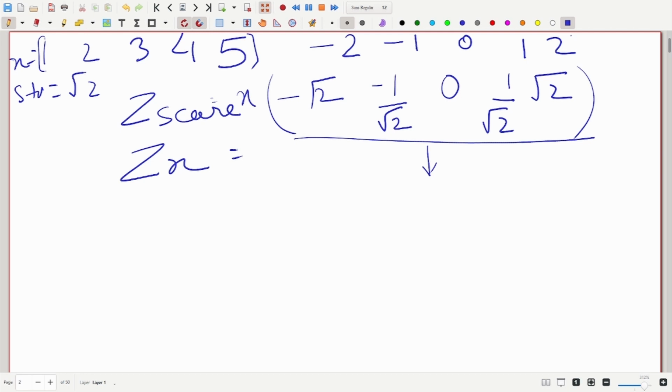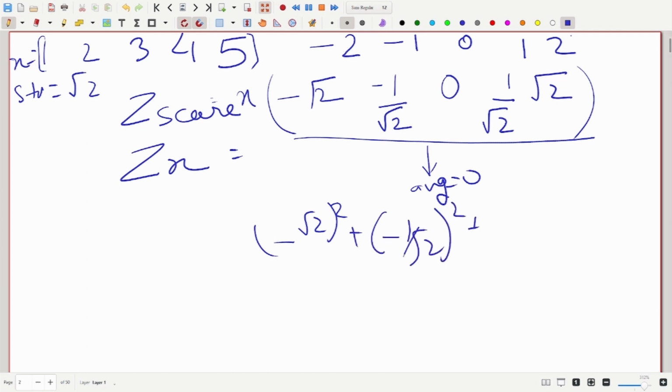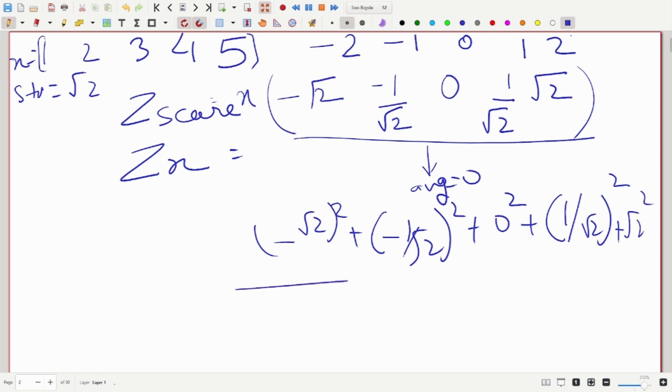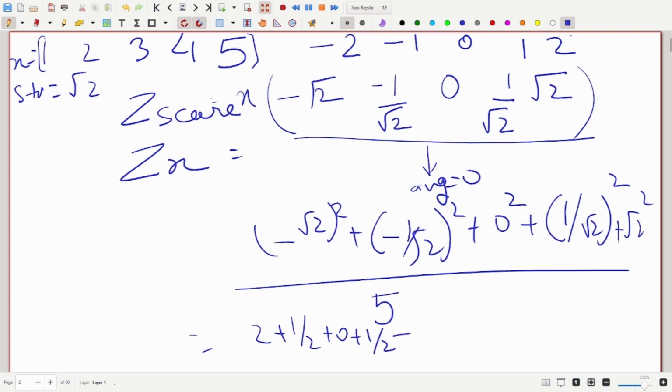The standard deviation of this data is, the average is the mean, the average is 0, minus root 2 square plus minus 1 by root 2 square plus 0 square plus 1 by root 2 square plus root 2 square divided by 5, and as you can see, the upper thing will become 2 plus 1 by 2 plus 0 plus 1 by 2 plus 2, divided by 5, is equal to 1.